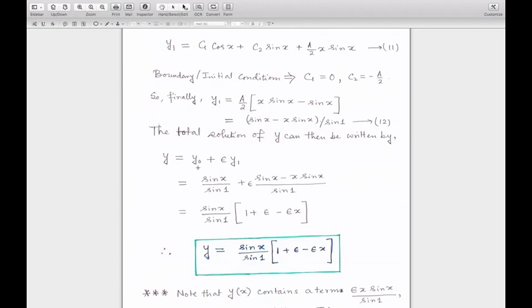The total solution will be y0 plus epsilon times y1, so it will be sine x by sine 1 plus epsilon times (sine x minus x sine x) by sine 1. Rearranging, you will have sine x by sine 1 times (1 plus epsilon minus epsilon x).